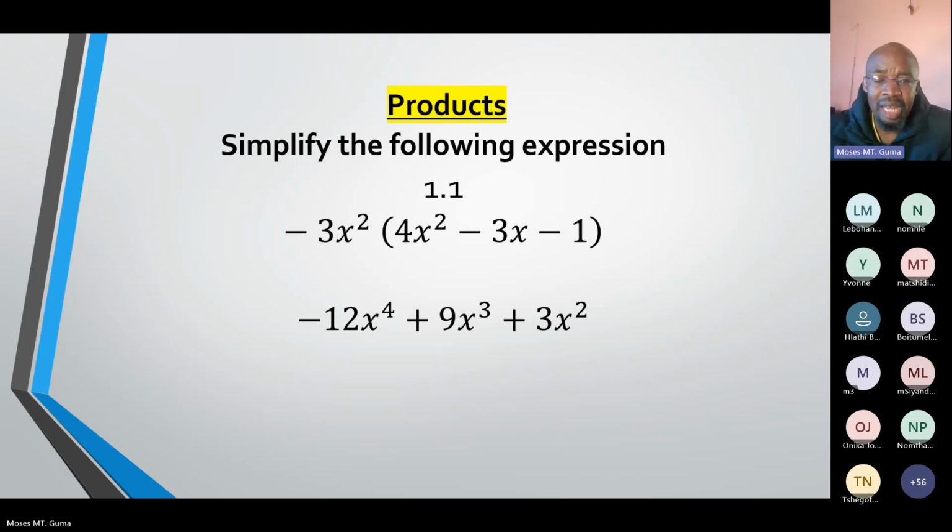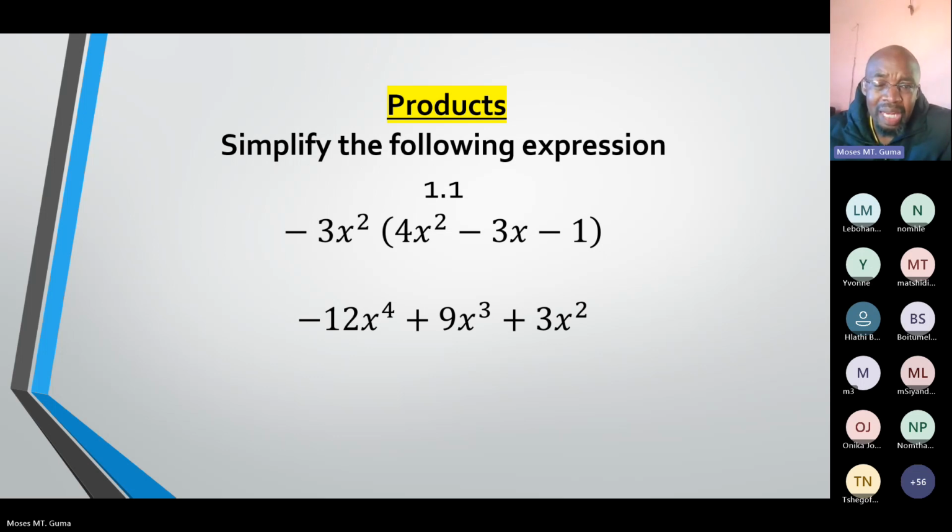Negative multiplied by a negative, friends, is a positive. Now I multiply a 3 by 1, I get 3. You see now there, I've got x squared, and in this one, there's no variable. Now I want you to listen very carefully.